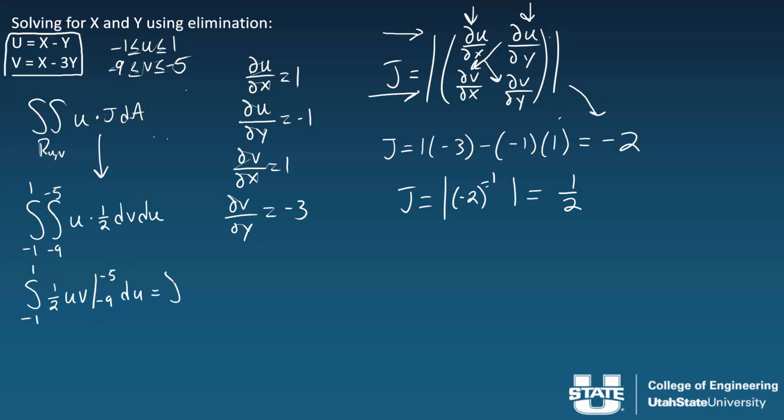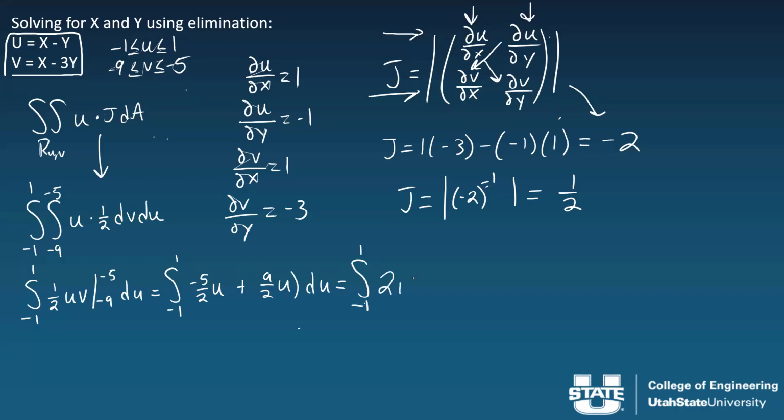And when we evaluate that, we have -5/2 u minus, I forgot the u, minus -9/2 u, which simplifies down, that becomes a plus 9/2. 9/2 minus 5/2 is 4/2, which is 2.